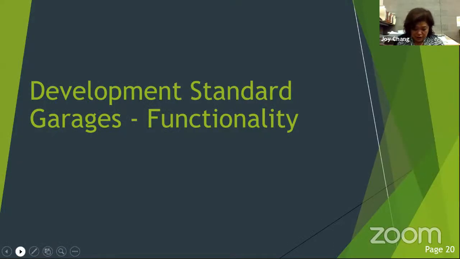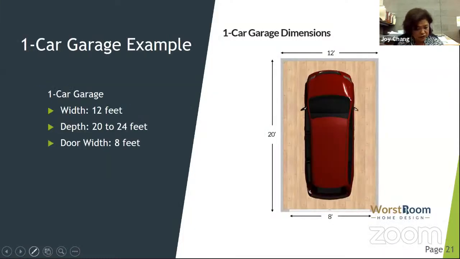So this came out last time we met in regards to design standards for garages. Just as a heads up, the Sherwood building official did identify that minimum or maximum garage sizes are not in the building code themselves, but designers use common construction standards when planning the size of garages. These are the examples we found: a one-car garage, the minimum width is 12, the depth is anywhere from 20 to 24, and the door width is 8.